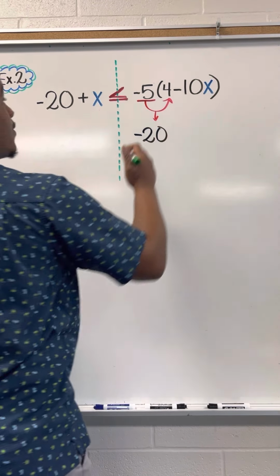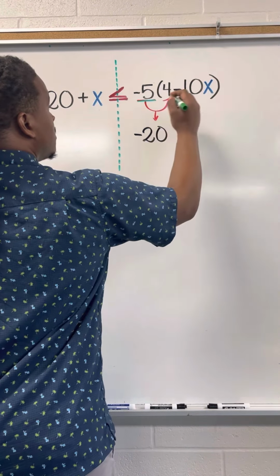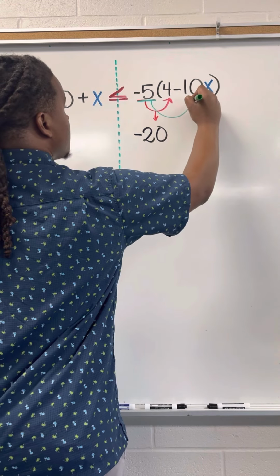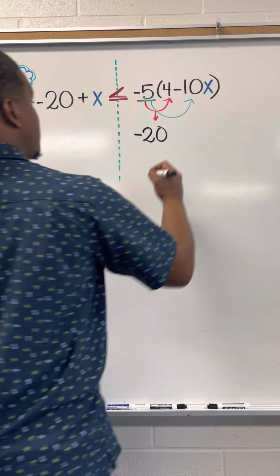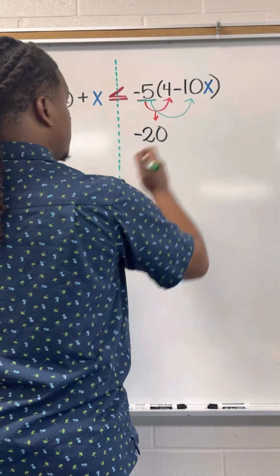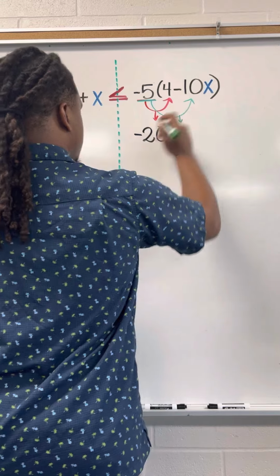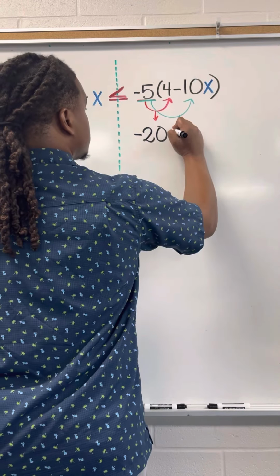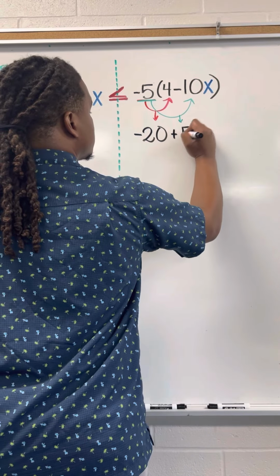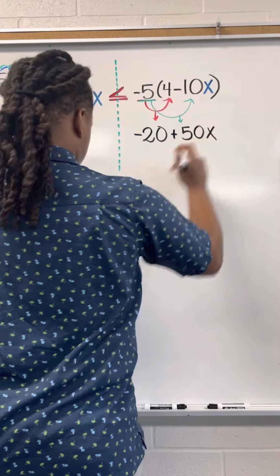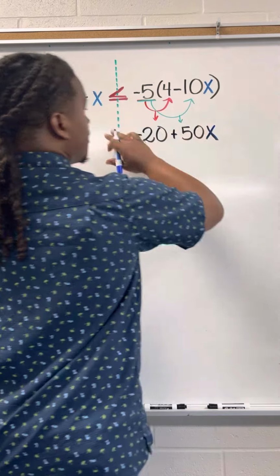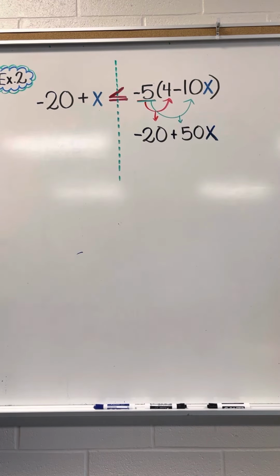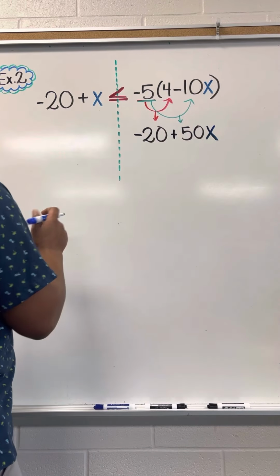The second one, -5 times -10x, which is a positive 50x. So I have successfully distributed the right side of this inequality. Everything on this side comes down the same.